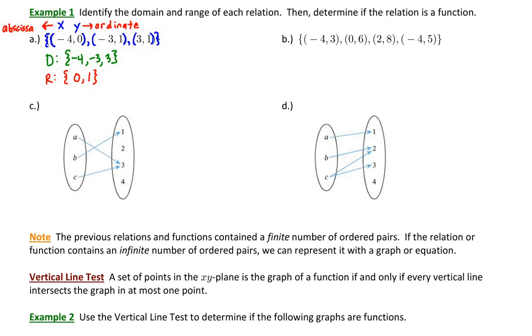So let's individually look at each ordered pair. The x value of my first ordered pair is -4, and it pairs up with the y value 0. Notice -4 doesn't have any other y value paired with it throughout the function. The same is going to be true for -3, which pairs with 1, and 3, which pairs with 1.